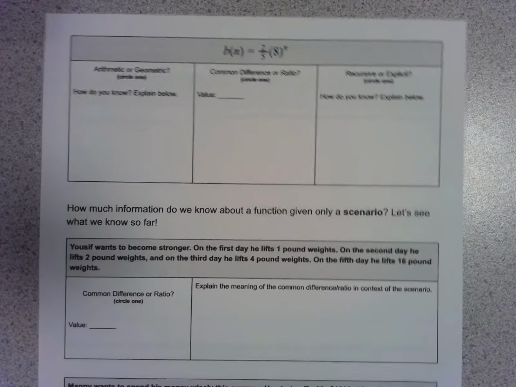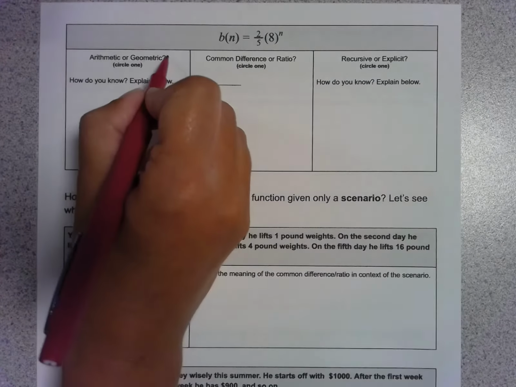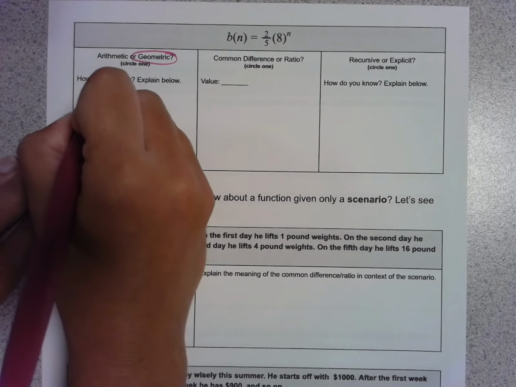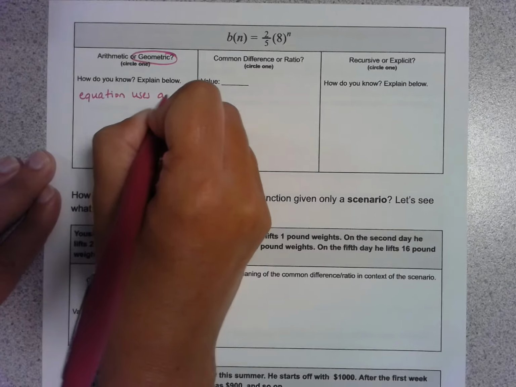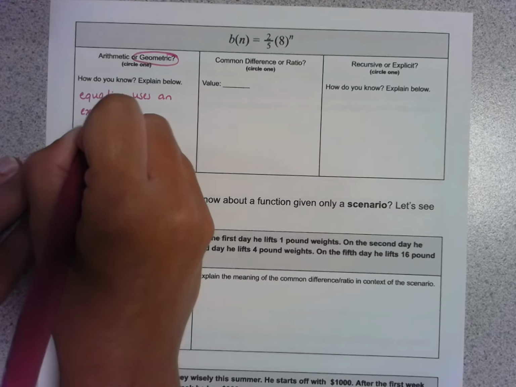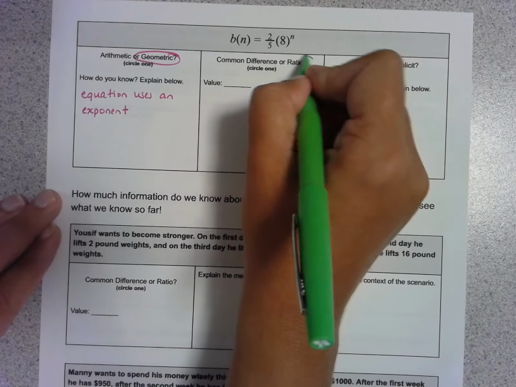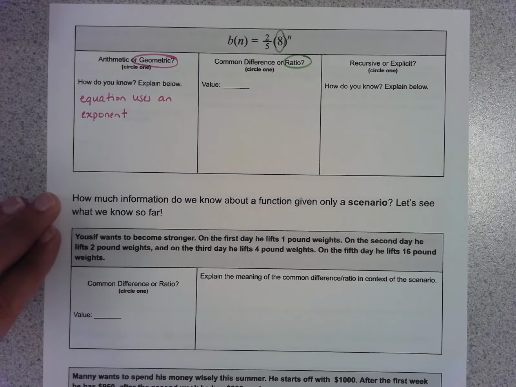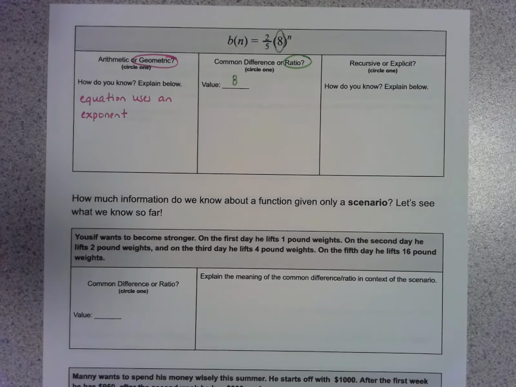In the next example, we have b of n is equal to 2/5 times 8 to the nth power. Right away, because of that power, I'm going to say that this is a geometric equation because the equation uses an exponent. Now that means it's going to have a common ratio, and the common ratio is going to be the number I multiply by over and over again, which in this case is the base of the exponent, which is 8.